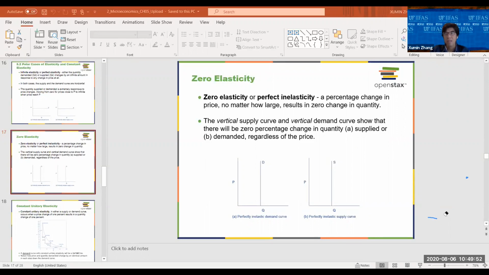We call this no responsiveness towards the price change. This extreme scenario can apply to very critical medications like insulin for diabetes. Patients have to use it all the time. The quantity cannot change, it is fixed no matter what the price is.